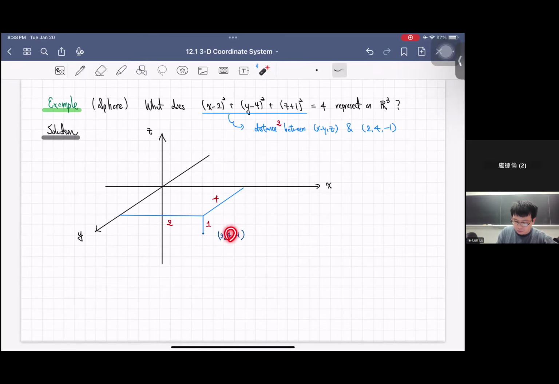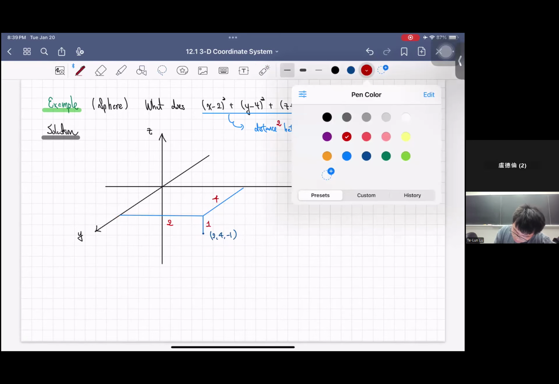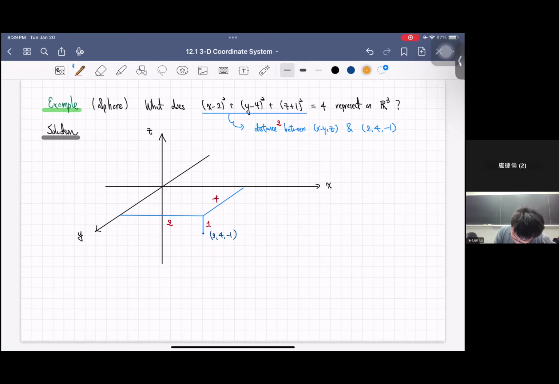The y coordinate gives you 4, the x coordinate gives you 2, and you go down by 1 unit. And now we have the radius being 2, so you have the sphere somewhere like this. Okay. Right. So it is a sphere.